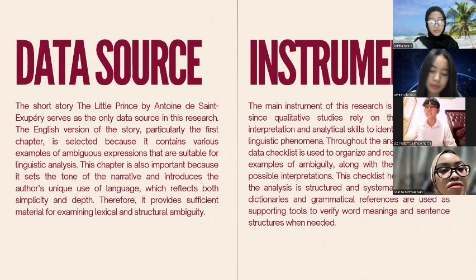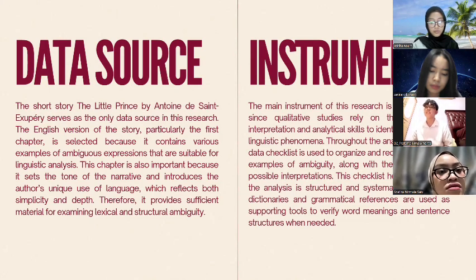And the next is instrument. The main instrument of this research is the researchers, since qualitative research relies on the researchers' interpretation and analytical skills to identify and describe linguistic phenomena. Throughout the analysis process, a data checklist is used to organize and record all identified examples of ambiguity, along with their context and possible interpretation.